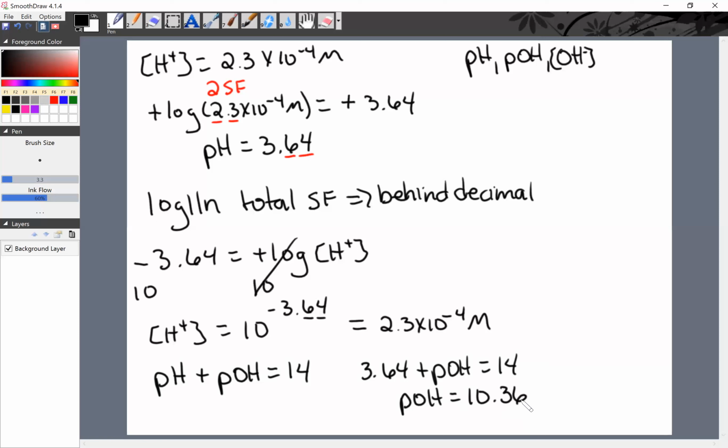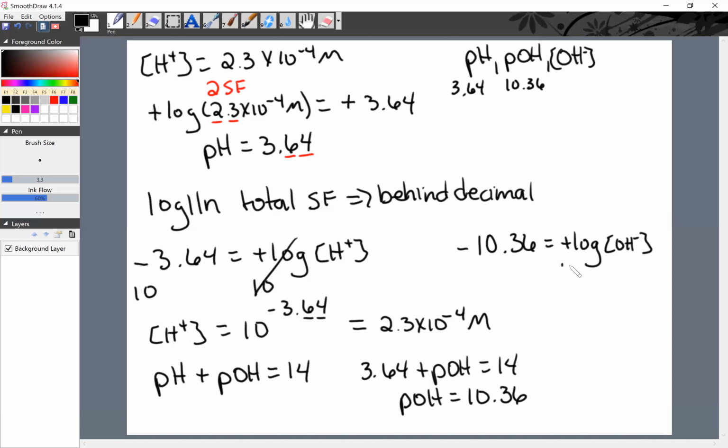So I know the pH, 3.64. I have the pOH, it's 10.36, and then I need the hydroxide concentration. And there's a couple ways I can find this. I have the pOH, so how about I just do the anti-log back out? First of all, multiply both sides by a -1.